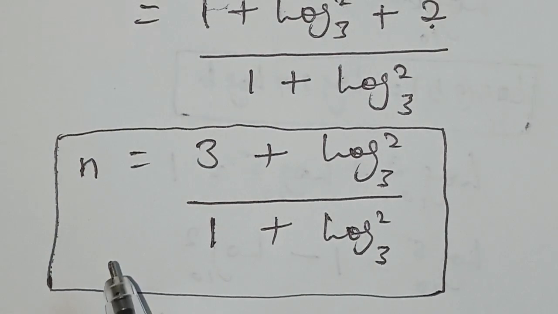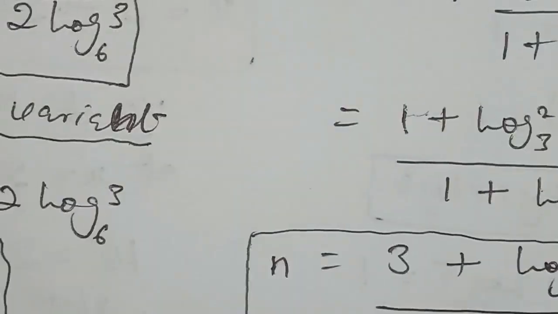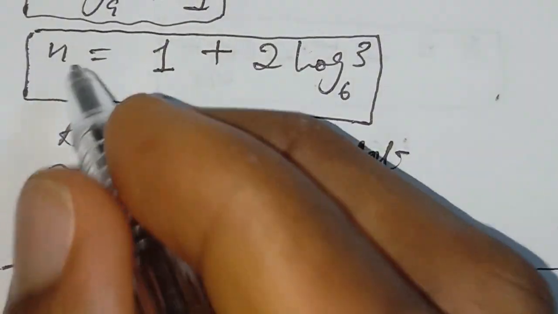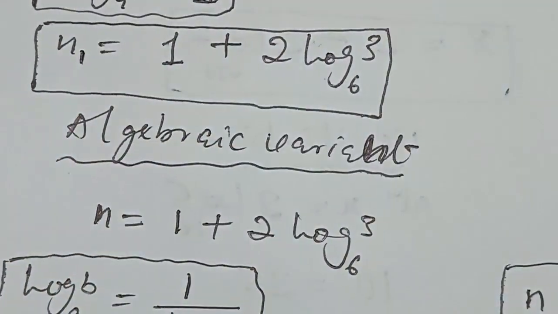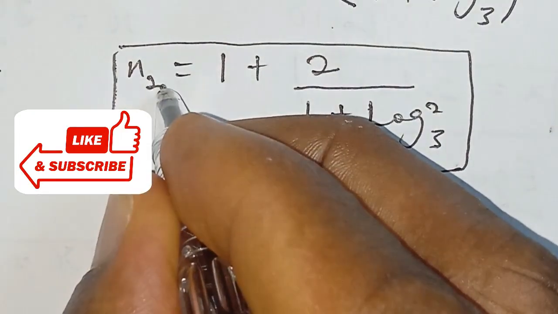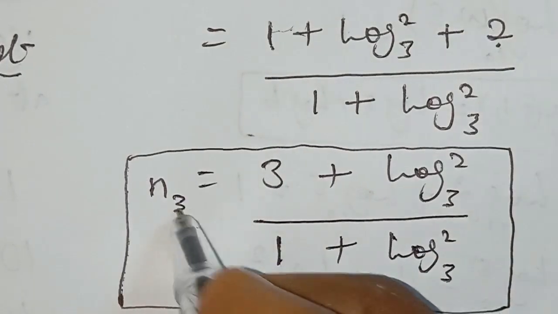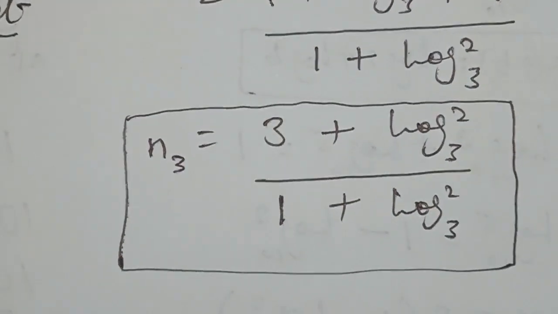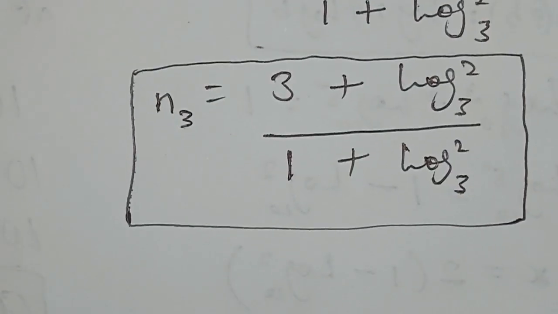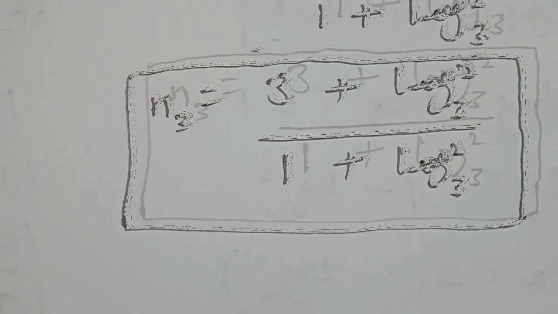Having gotten all these values of n, we can label the first one n1, the second one n2, and the last one n3. The next step is to show you the proof of how n1, n2 and n3 are equal to each other.